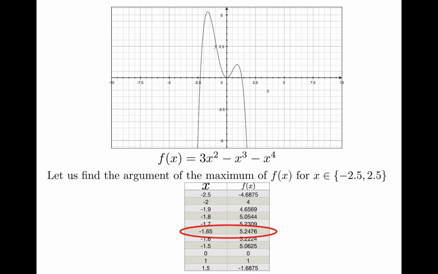Therefore, the argmax of f(x), which is that value of x that maximizes f(x), is actually minus 1.65. This is the value that maximizes f(x) over all the values of x between minus 2.5 and 2.5. So that's the entire concept of argmax.